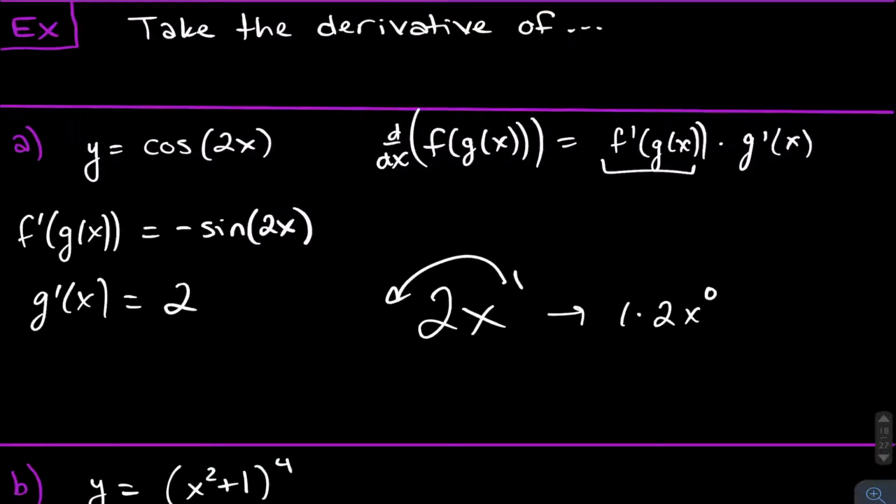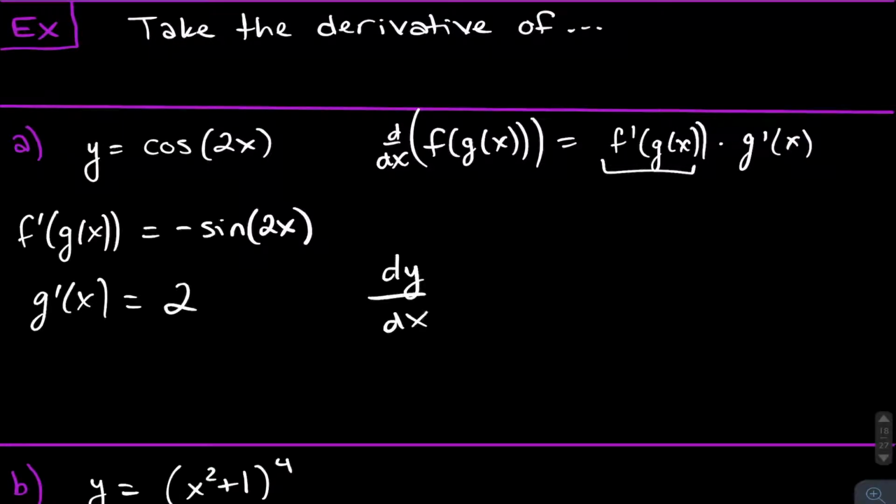So it's 1 times 2x to the 0, and 1 times 2 is 2. Now we just multiply these two things together and we have our derivative: dy over dx equals negative 2 sine of 2x.